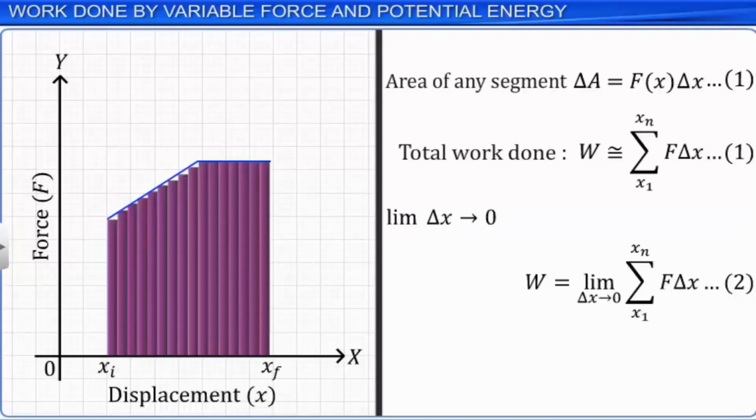Let this be equation 2. Hence, the work done for a varying force can be expressed in integral form, as W equals integral F dx in the limits x1 to xn. Let this be equation 3.